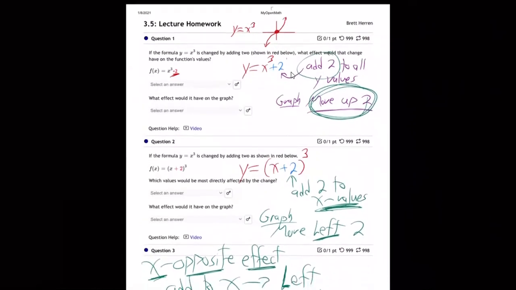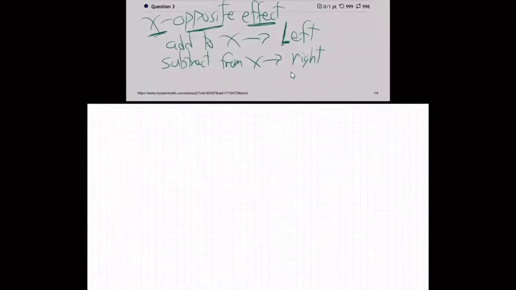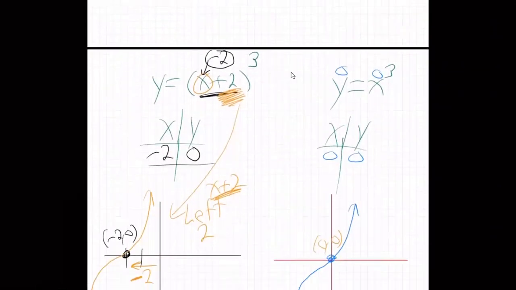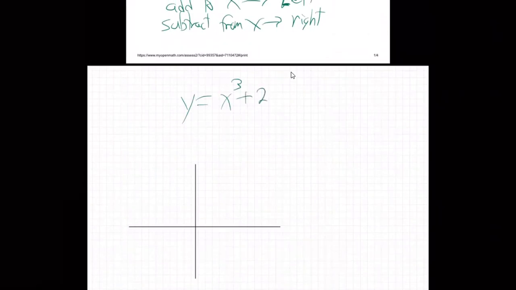And by the way, if I did the y, it wouldn't have an opposite effect. Here, let me do the y just to show you. Y has the normal effect you'd expect. So let me go back to y equals x cubed, and I'll do y equals x cubed plus 2. Again, if you imagine making the xy table and you plug in 0 for x, what are you going to get? 2 for y.